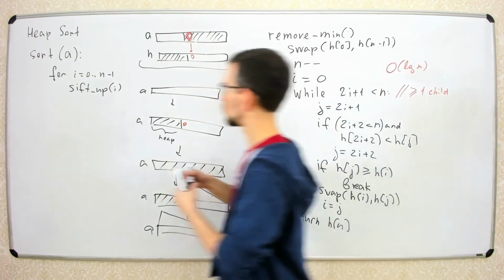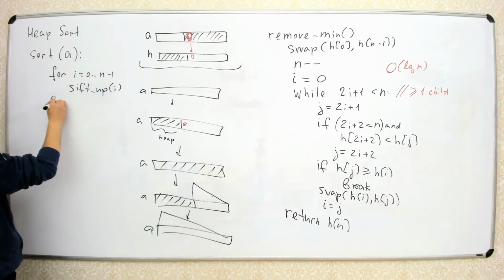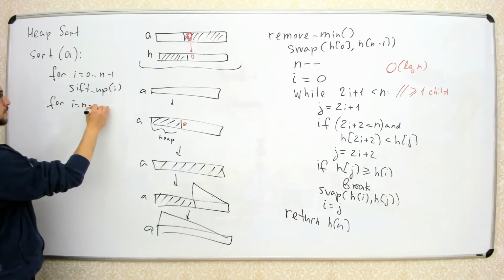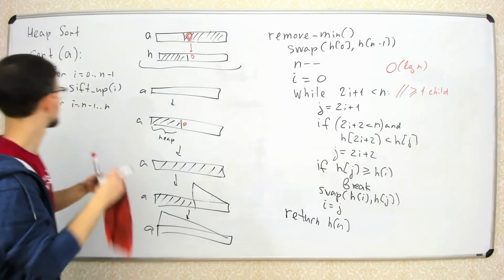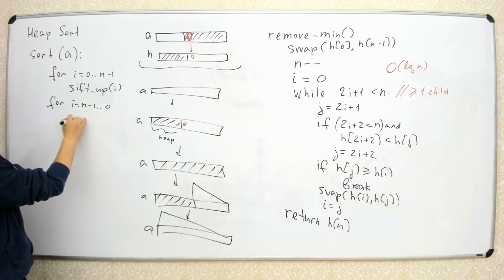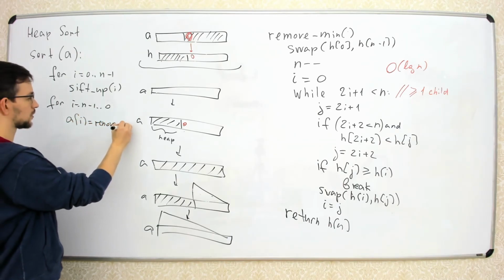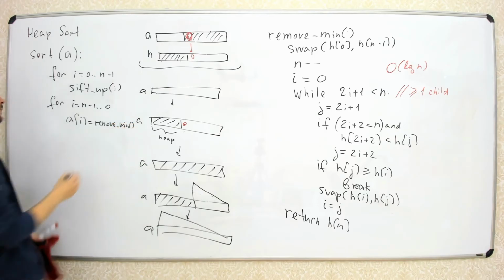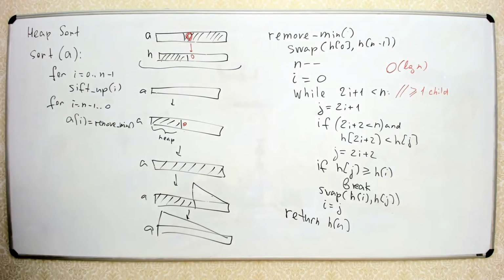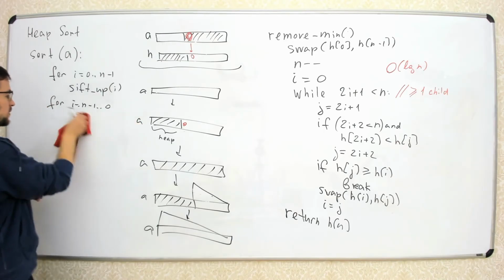Well, let's go. So what do we do? We just go from right to left. And say that i equals remove min. I don't want to use all of it, just modify it.